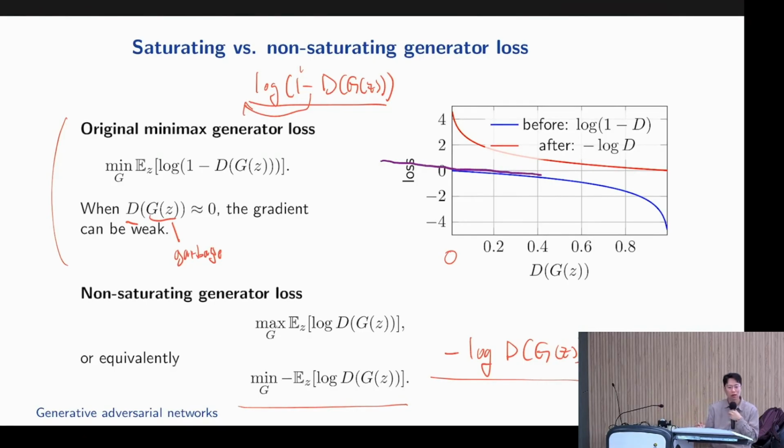Let's compare that with after changing the loss. Here, the gradient is very steep, so it's going to be easier to do gradient descent on the generator parameters. Compare this to this.